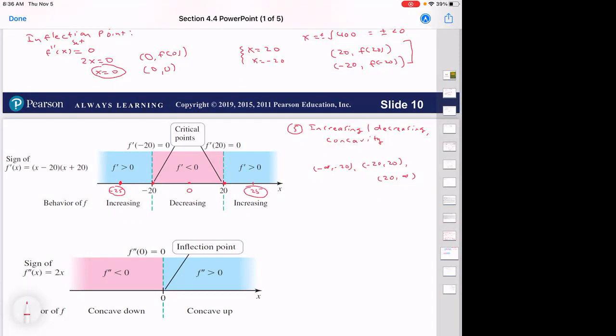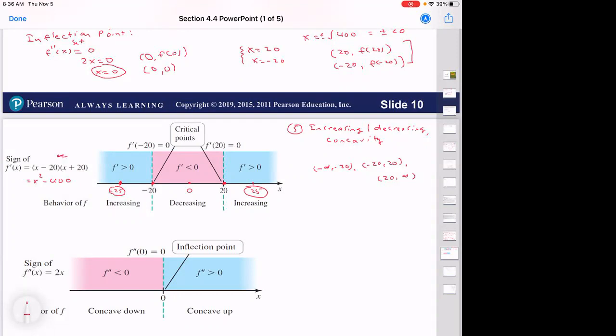And 25 here. Then plug each of those numbers into the derivative. What is our derivative? x squared minus 400, which can be written in factor form as (x minus 20) times (x plus 20). Now it is easier to plug into this factor form.